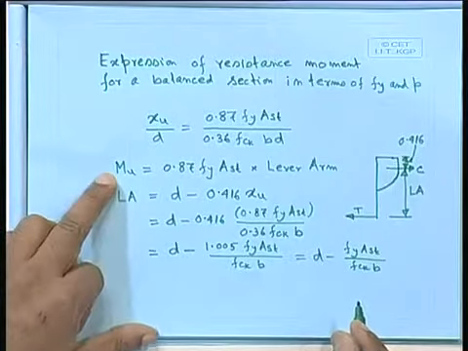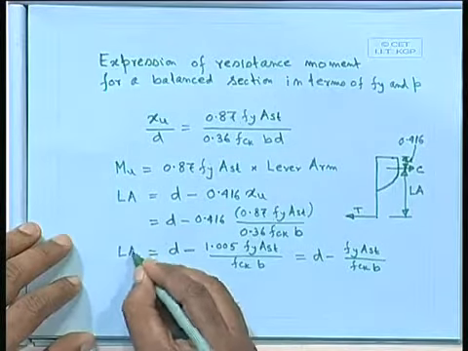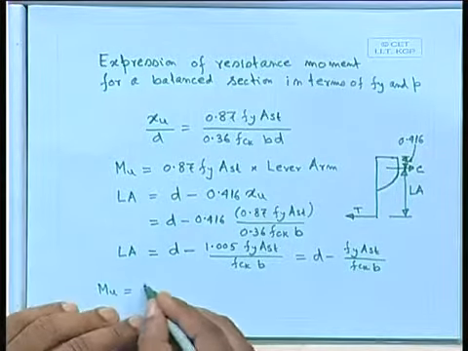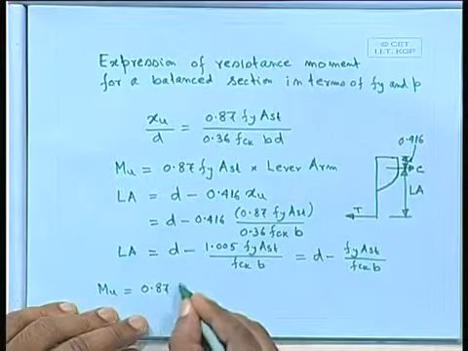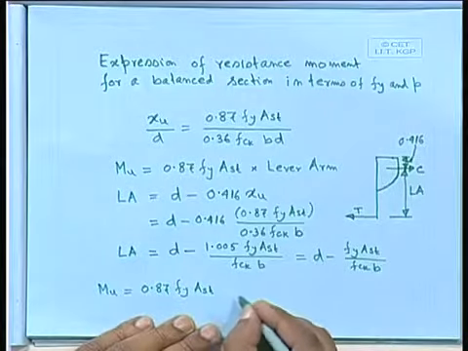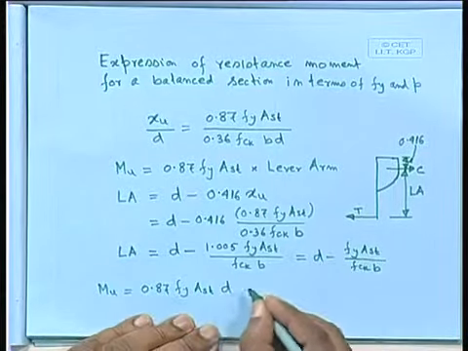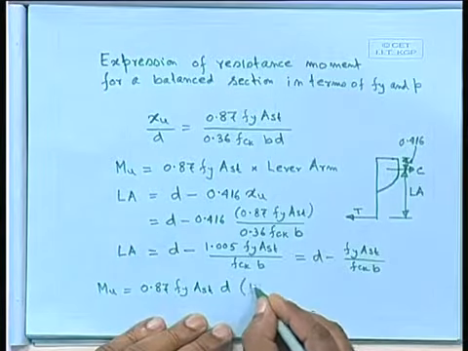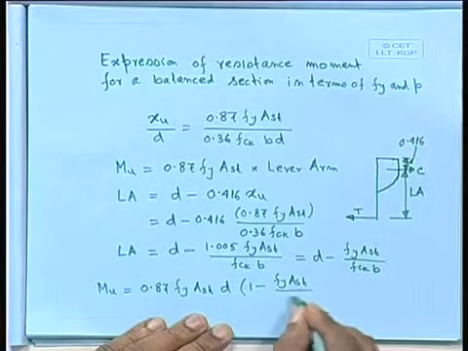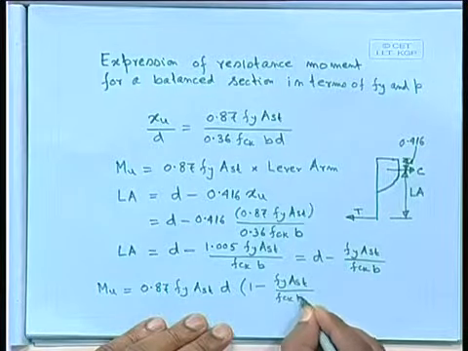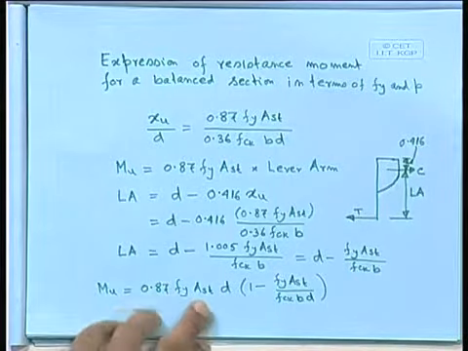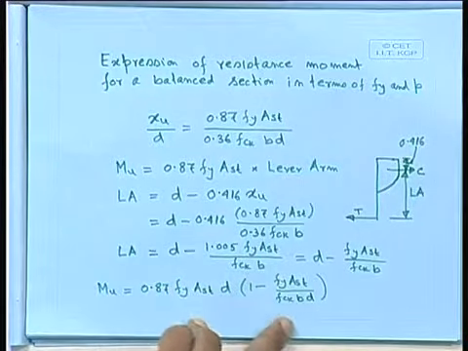Therefore, Mu equals 0.87 fy Ast times d, we are multiplying d, 1 minus fy Ast divided by fck times bd.